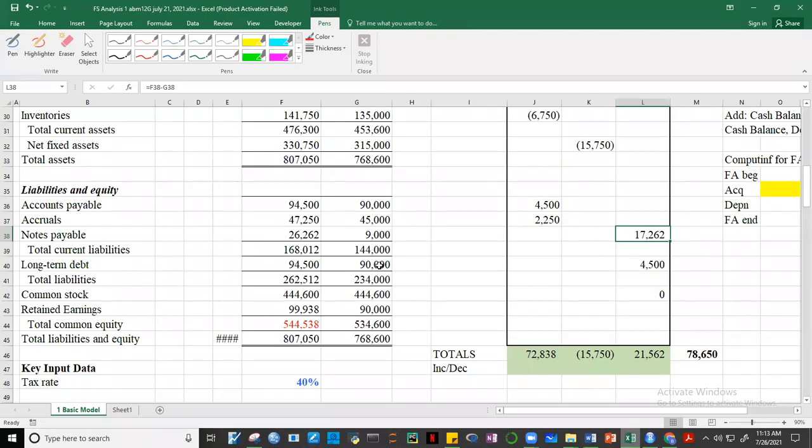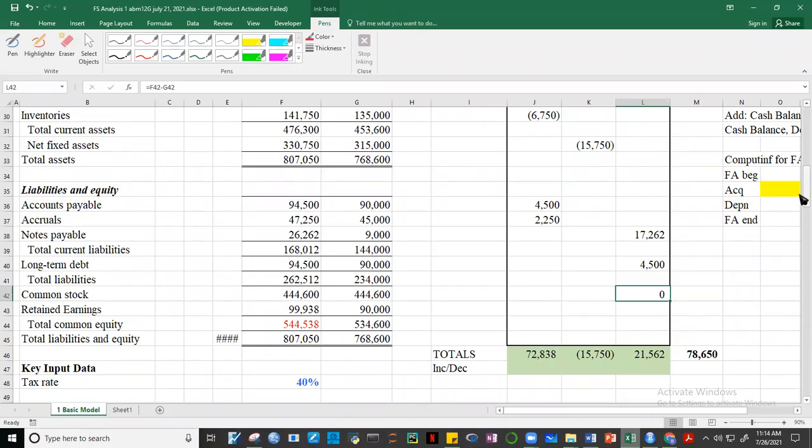Long-term debt, from 90 to 94,500, it's a source of cash, no? Under financing. Pag si common stock guys tumaas, nasa financing yan, that should be a source of cash. Tumaas yung liabilities and equity.